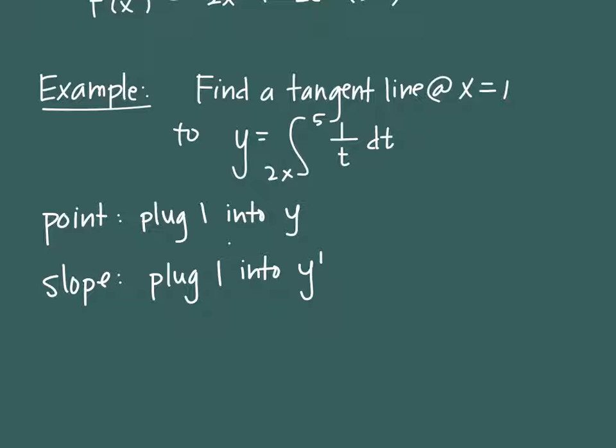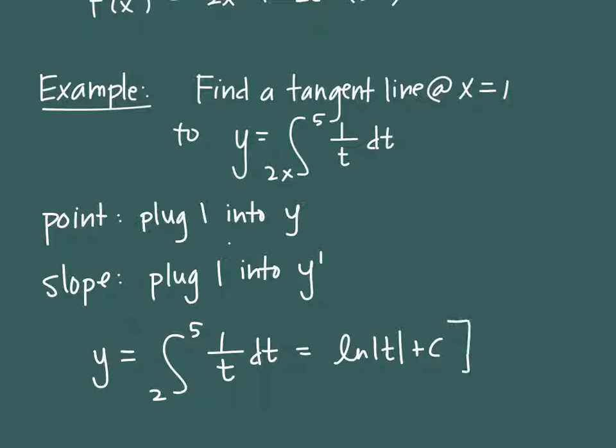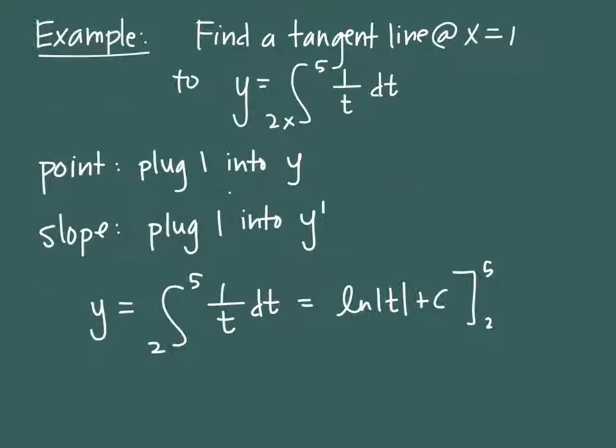Well, plugging 1 into y is right there. So when I plug 1 into y, I will have the integral from 2 times 1 to 5 of 1 over t dt. And I can just do that like normal. Just evaluate: the integral of 1 over t dt is the natural log of the absolute value of t plus c, evaluated from 2 to 5. I'm just going to do that like normal, and I'll finish it up.